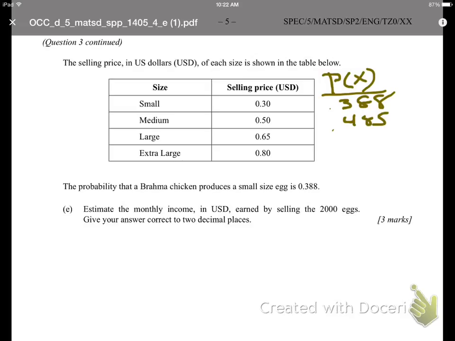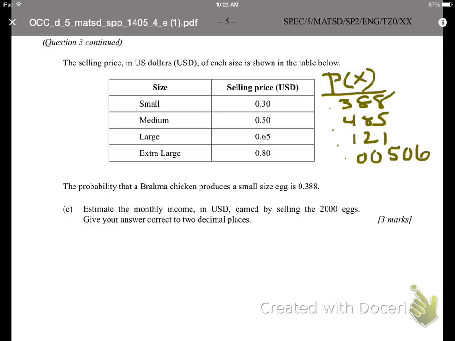The large egg, they told us 0.121, and an extra large was 0.00506. Okay, those were the probabilities. Now, they only gave us small because that was the only one we didn't know. Don't think they only want us to do small, all right? So, estimate the income. Do you see that it's going to be 2,000 times the probability times the cost.